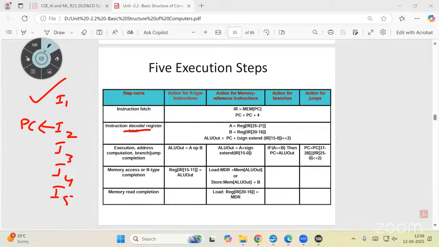Since we wrote C is equal to A plus B, there is an arithmetic operation. So we need to find out which arithmetic operation is present and what data values are present.